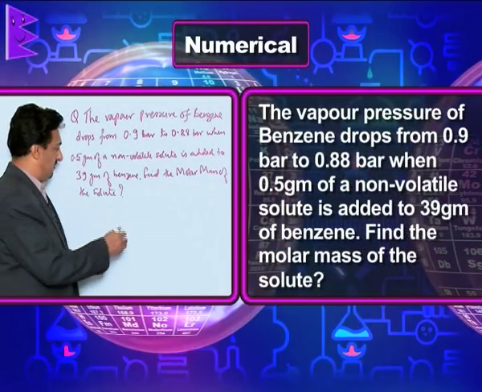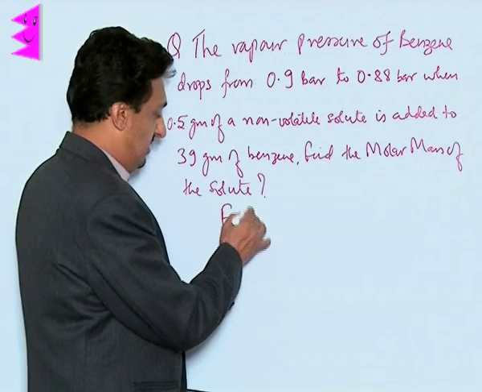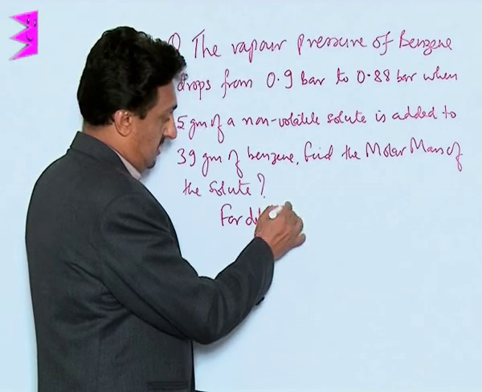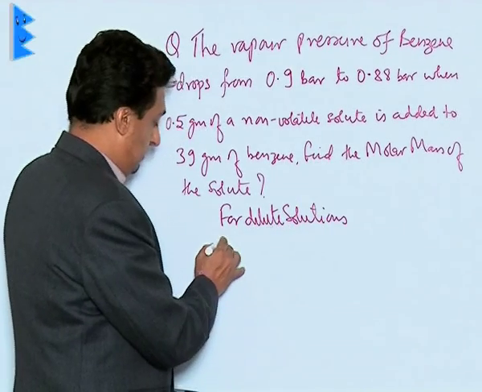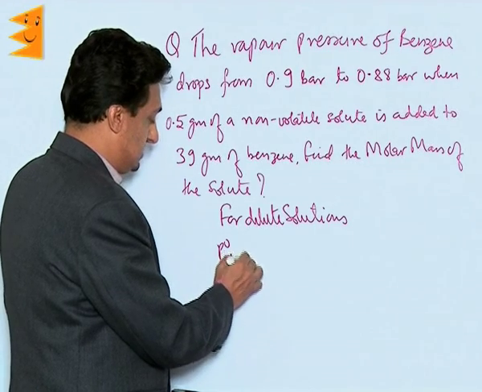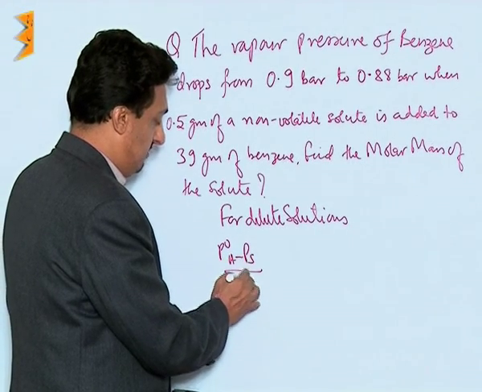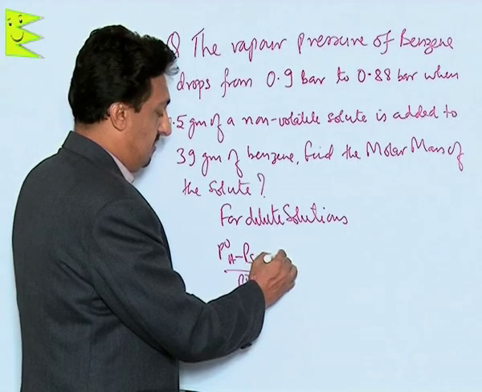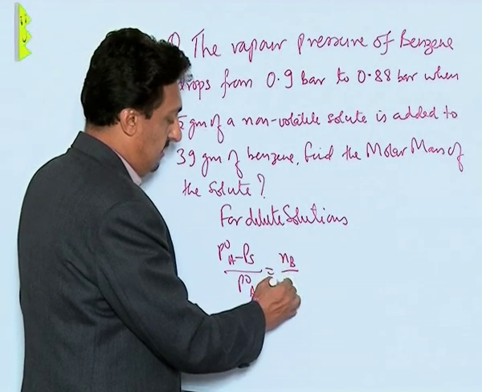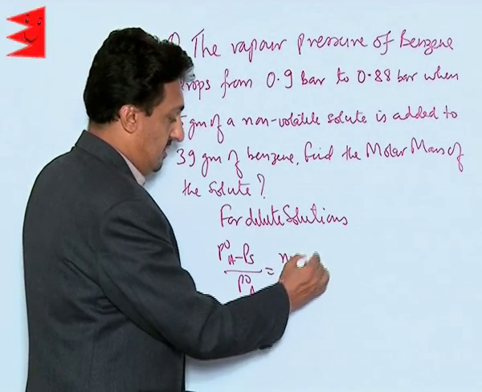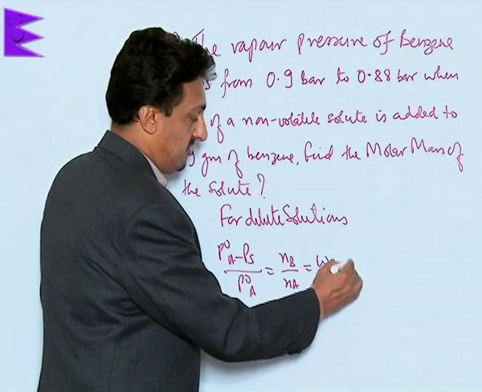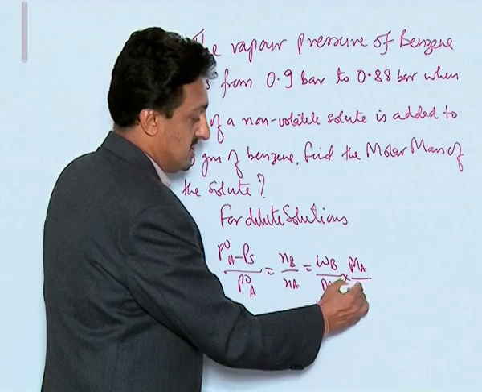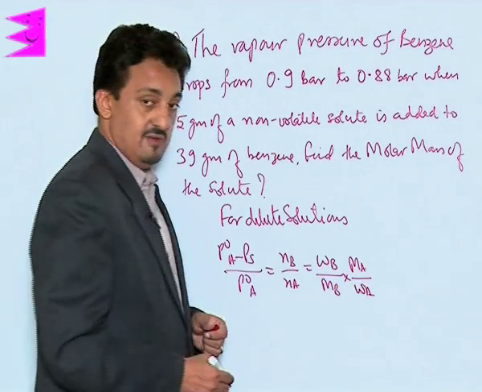We know the formula that for dilute solutions, (P naught A minus Ps) upon P naught A will be equal to Nb over Na, which can be written as weight of solute times molar mass of solvent, upon molar mass of solute times weight of solvent.